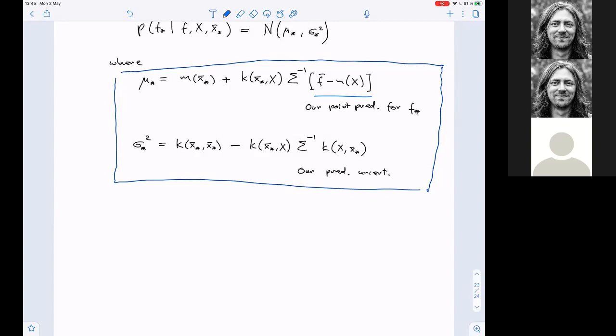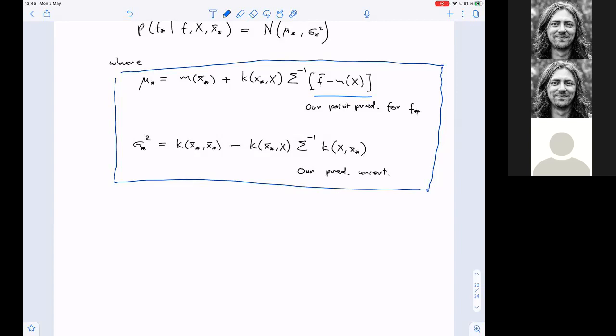The variance, remember that variance is always a positive number, right? So you're starting with just the variance of your prior. So this is k x star x star. That's just, okay, what's my a priori uncertainty at this x star point.